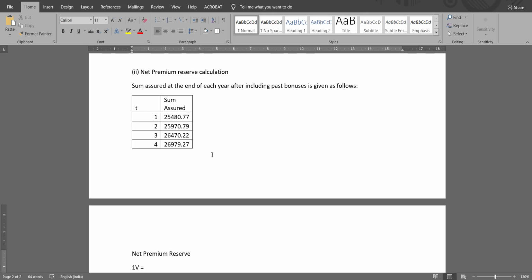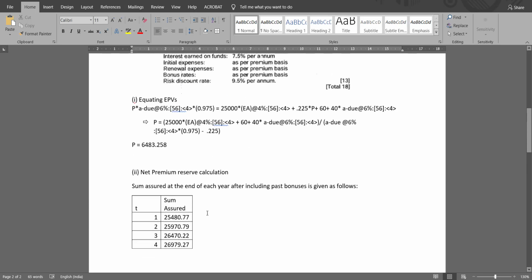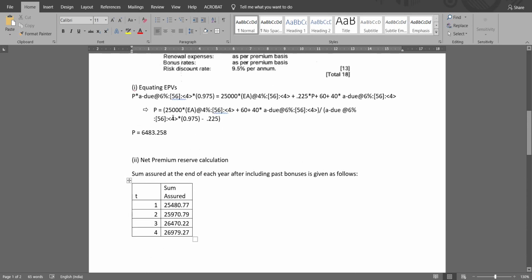Now 1V is basically nothing but the sum assured. So you are actually calculating the expected present value of the future sum assured, minus the premiums that you will receive. So 25,000 times, I will just copy this factor. This will actually help me. I just have to change some stuff here, right?